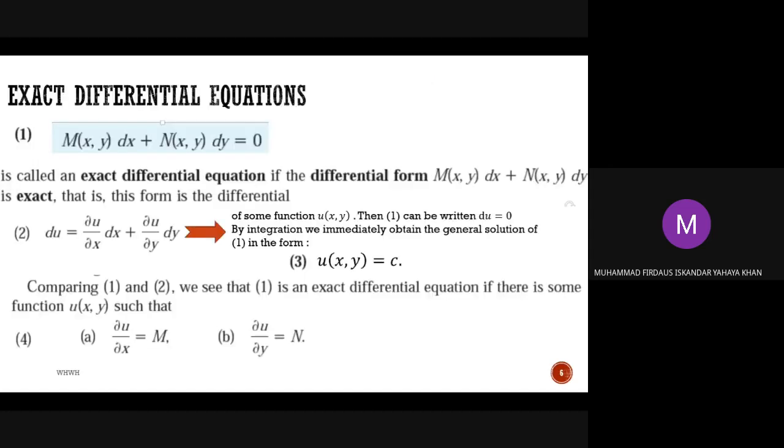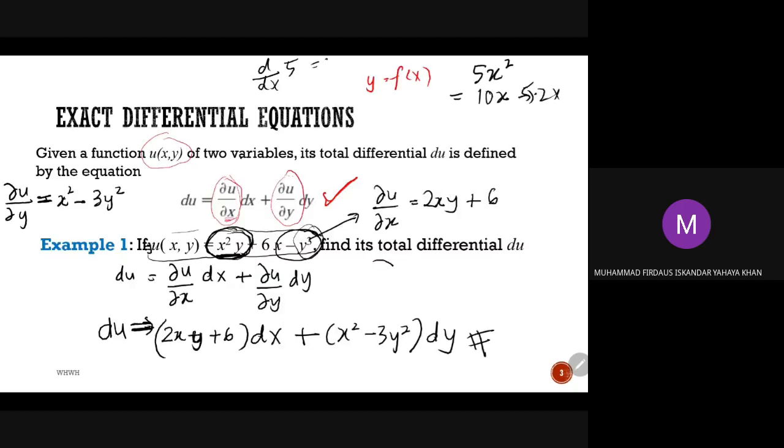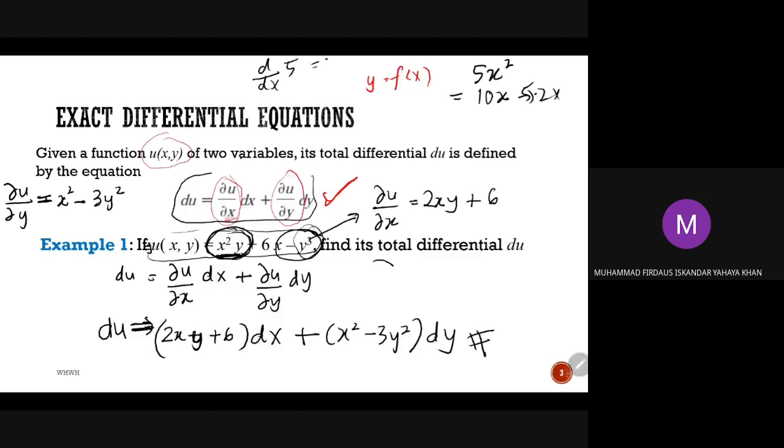Okay, now, in order to use the exact differential equation ni, there are few steps. So here, sekarang ni apa yang kita dapat tadi, yang kita dapat del u, del u del x dx plus del u del y dy.